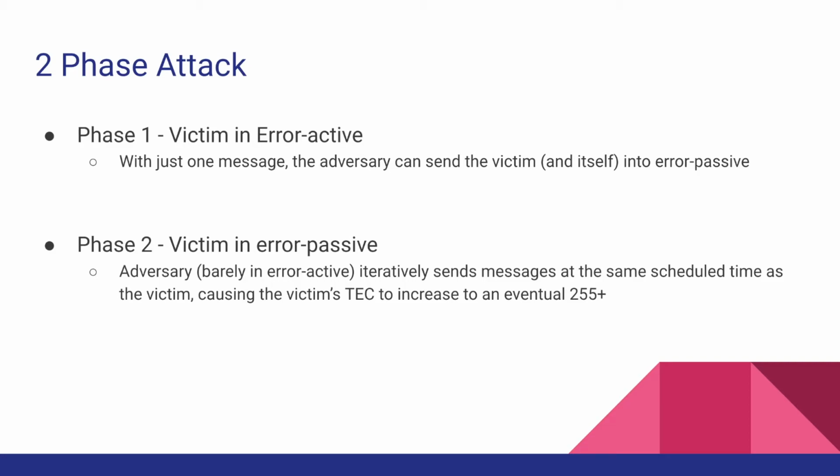What happens is after the first message is sent, the victim has its TEC counter increased by 8. And because of the stuff error, the adversary also has its TEC counter incremented by 8. But because of a feature that allows the frame to be sent again for retrying purposes, both the adversary and the victim will try to send the same exact frame once again at the same time.